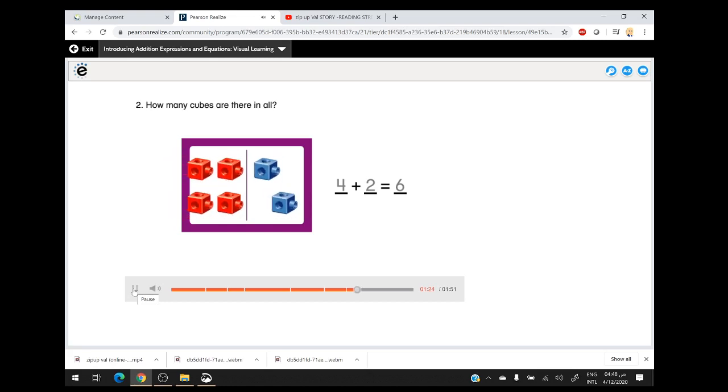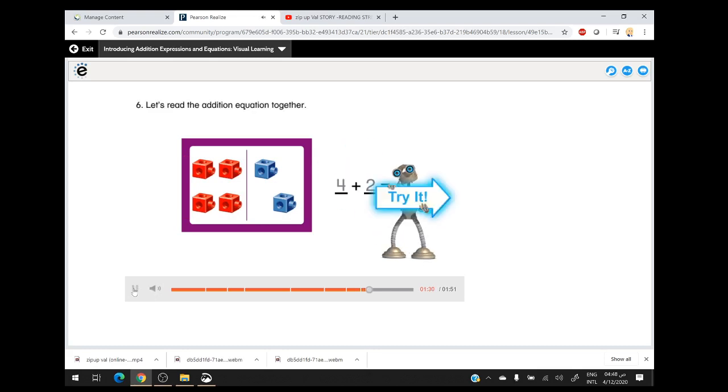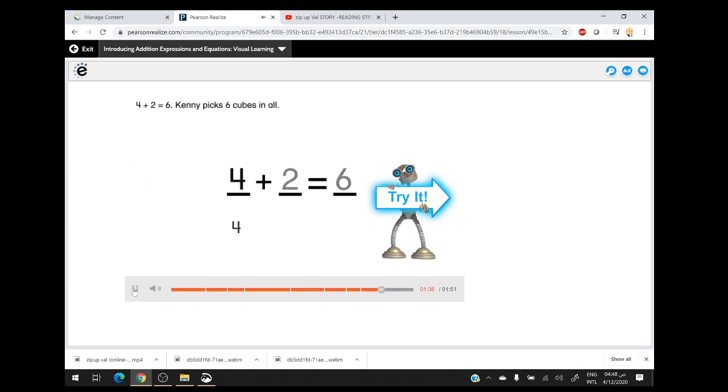How many cubes are there in all? 6. Let's read the addition equation together. 4 plus 2 equals 6. Kenny picked 6 cubes in all.